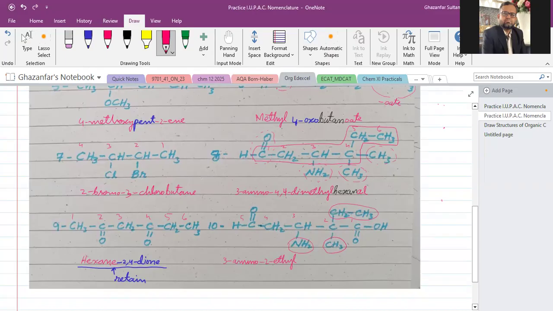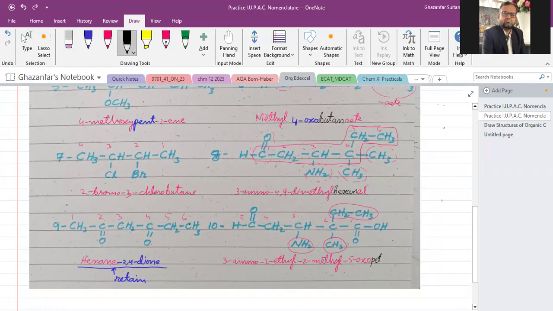Now methyl or oxo, which comes first? M and O. So M comes first. So we write 2-methyl, 5-oxo, and the total number of carbons is 5.